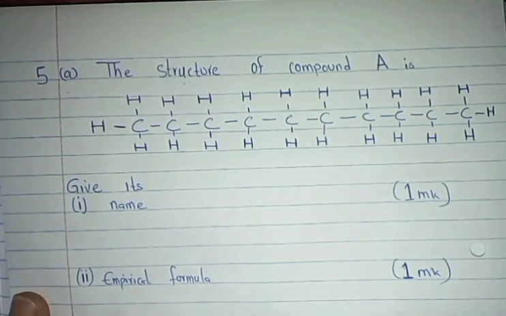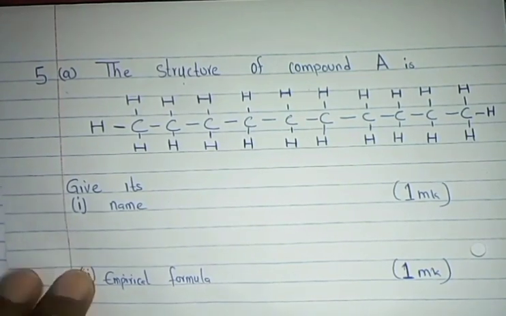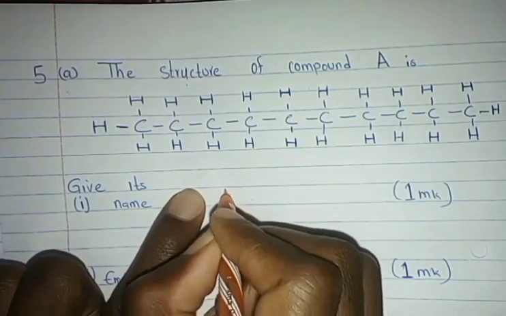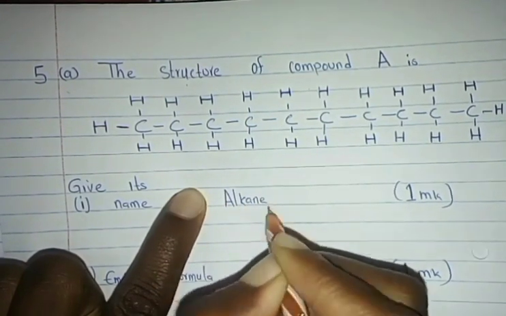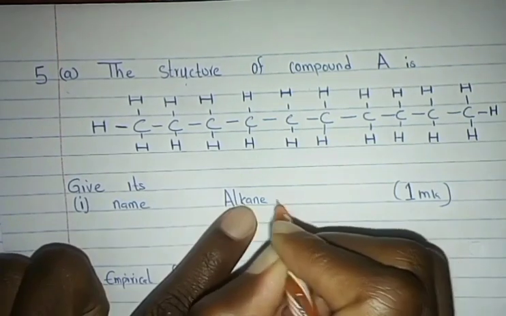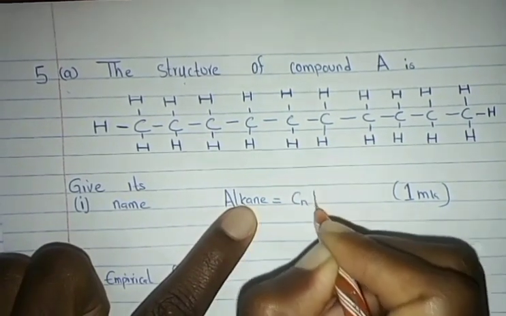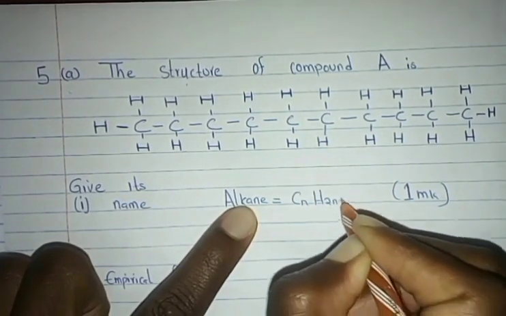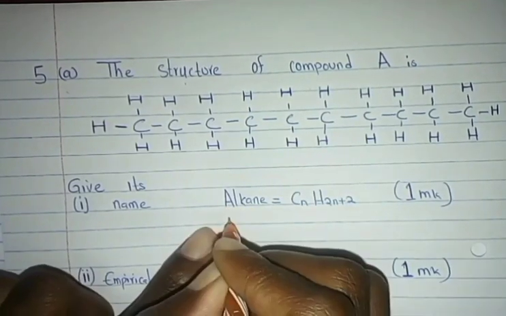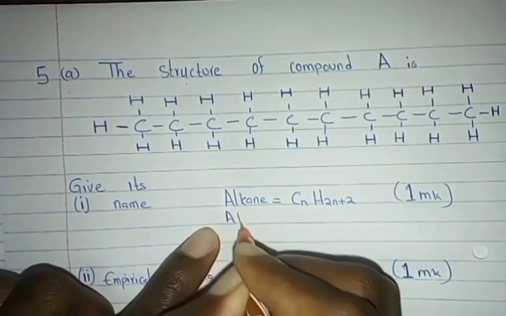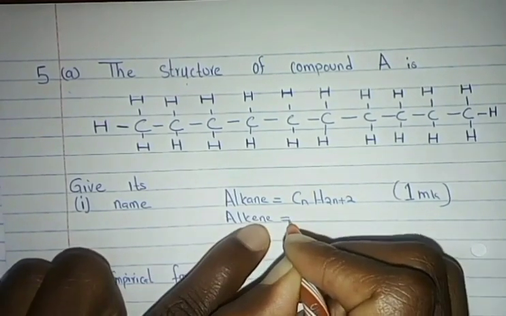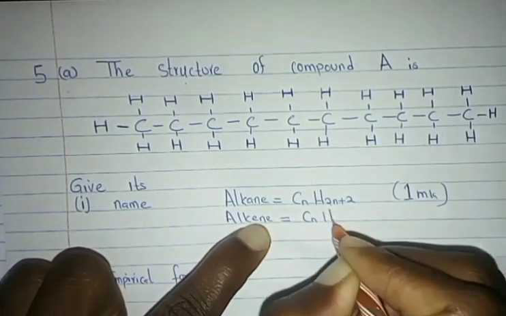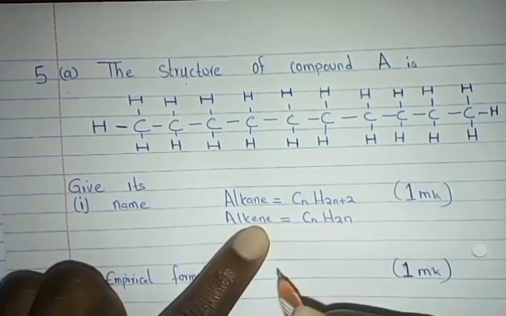So we know in organic chemistry we have 3 kinds. The first one is alkane, which has the general formula CnH2n+2. Then we have alkene. The general formula of alkene is CnH2n.